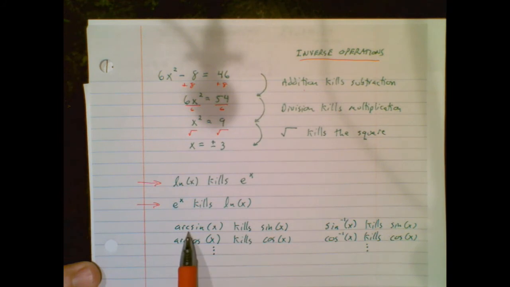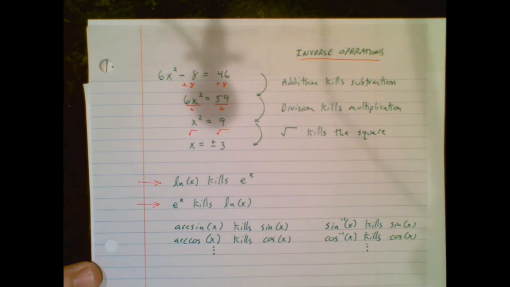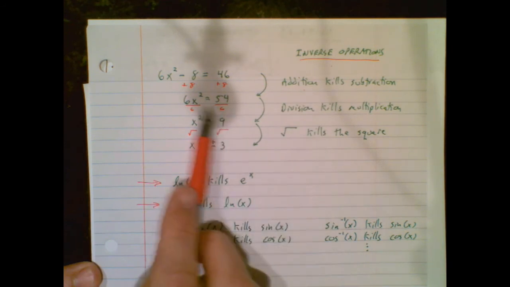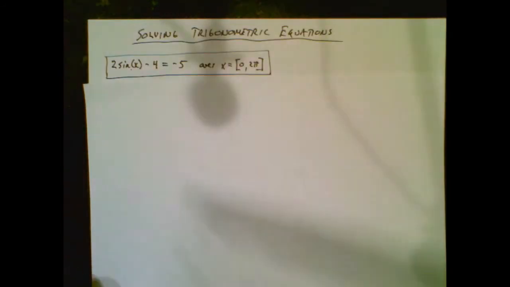So for example, arcsine kills the sine of x. Another way to write that is this notation, inverse sine of x kills sine of x. Same thing with cosine, same thing with tangent, cotangent, all that good stuff. So just remember that the inverse operations that you've come to love and appreciate in regular algebra equations, same thing in trigonometric equations.